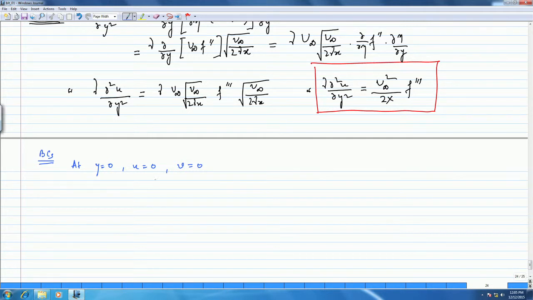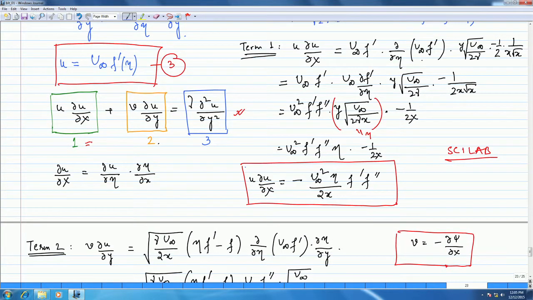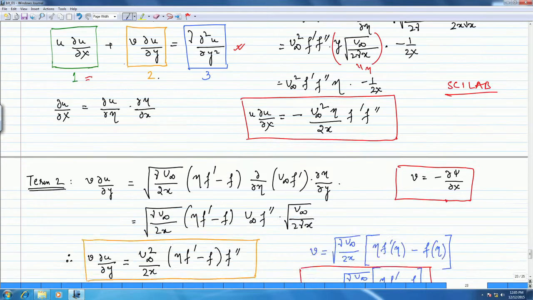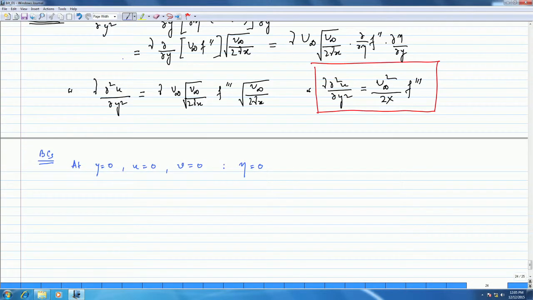Essentially this means that here eta is 0. And if eta is 0, what is u? U is u infinity f dash eta. Now eta is 0, so f dash is also 0. So u is also 0, and f dash eta is also 0. So eta is 0, so u is 0.